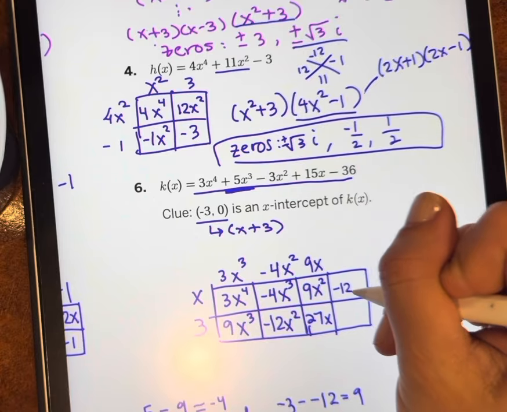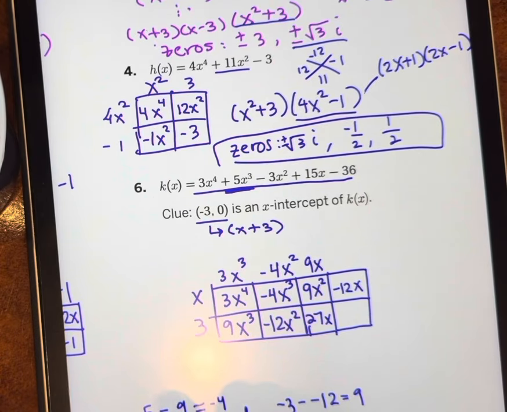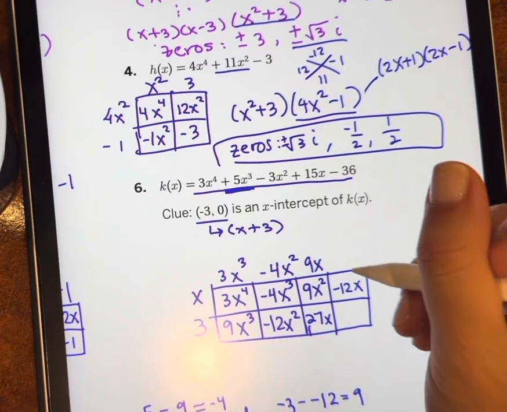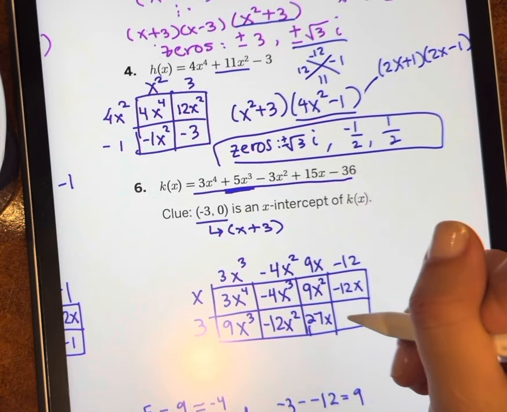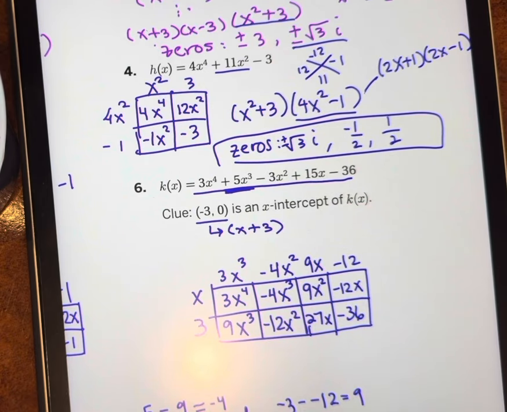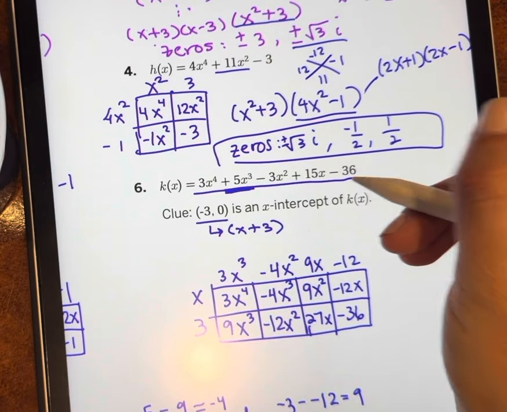So minus 12x. Again, you could take what you want, which is a 15, subtract what you have, which is 27, to get what you need, which is negative 12. And then this is a negative 12, and then a negative 36, which means this is good.